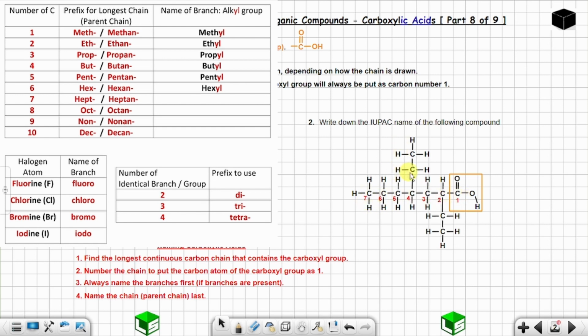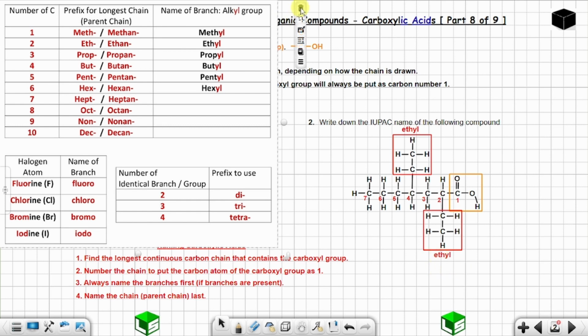Now this is your branch. It is known as ethyl because it is made up of 2 carbon atoms. And this is also another branch made up of 2 carbon atoms, ethyl again.